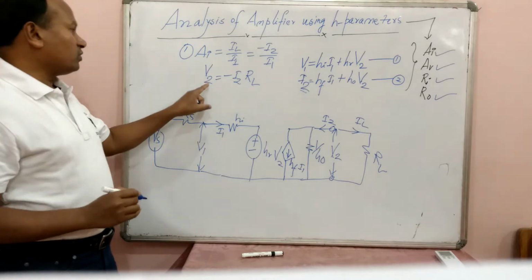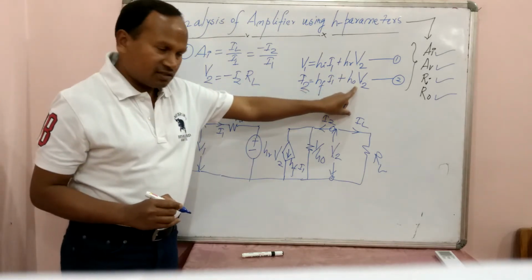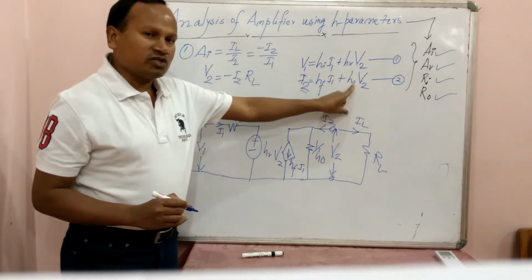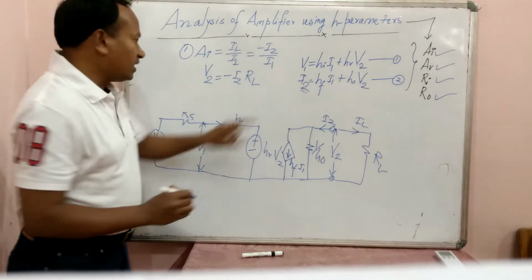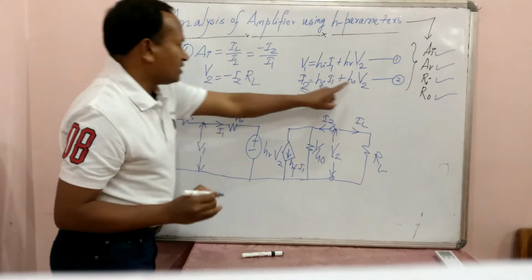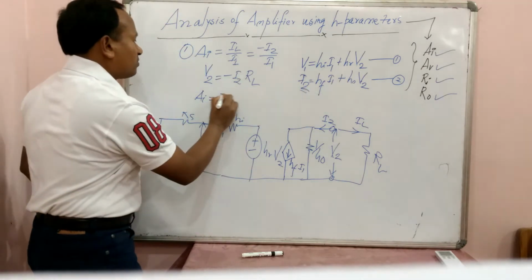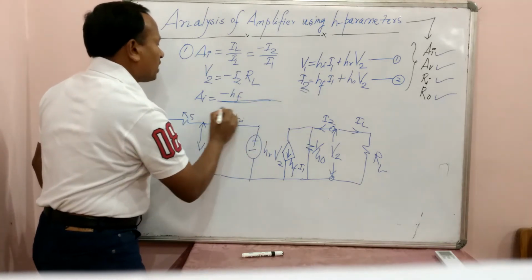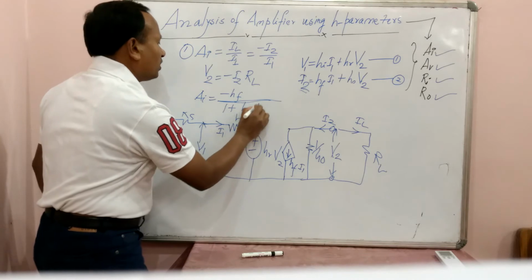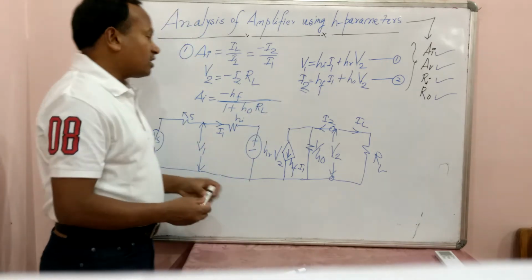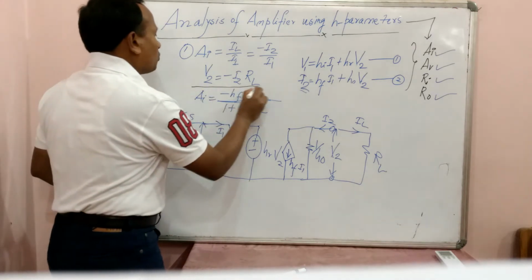When we substitute V2 equal to minus I2 RL here, the equation becomes in terms of I2. I2 will be brought this side, and you can get minus I2 upon I1 very simply. This term will come this side, so it becomes minus HF divided by 1 plus HO RL. This is the first part of analysis which is over.